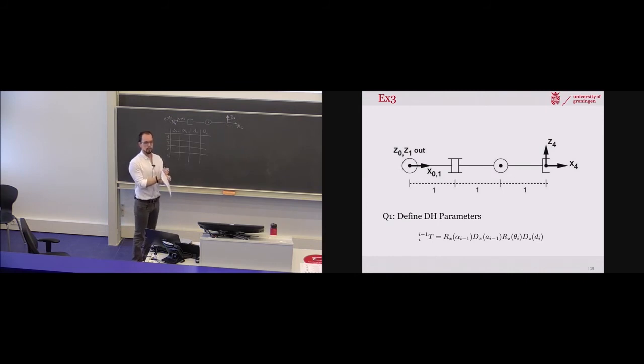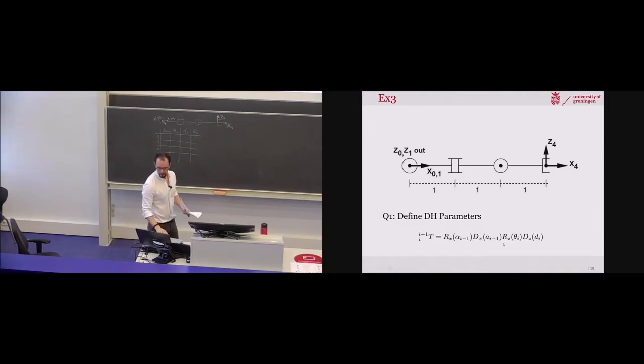And there is no translation, so there is no rotation and no translation. Therefore, alpha i minus 1 and a i minus 1 are both equal to 0.